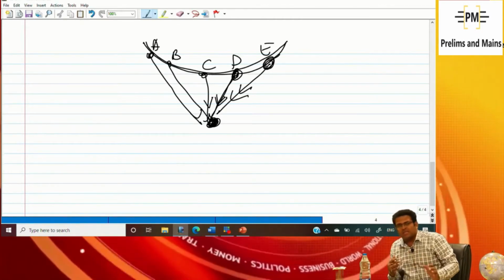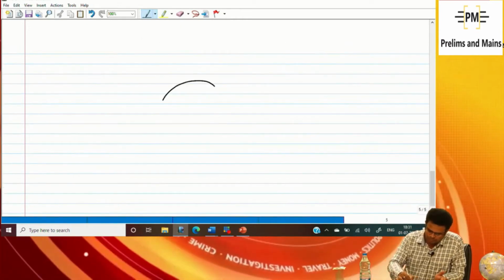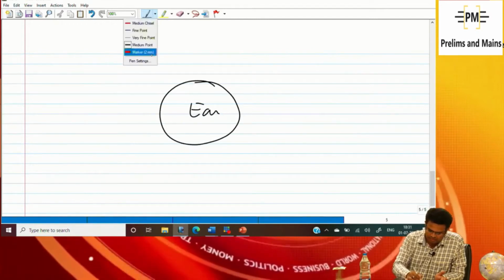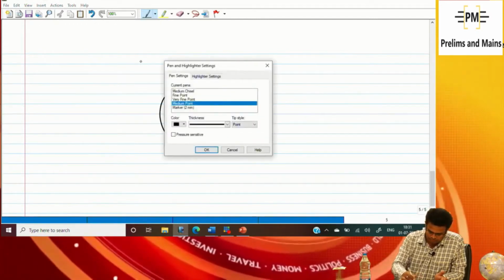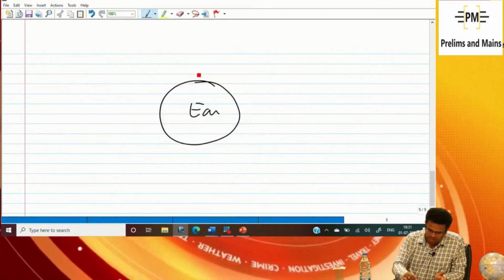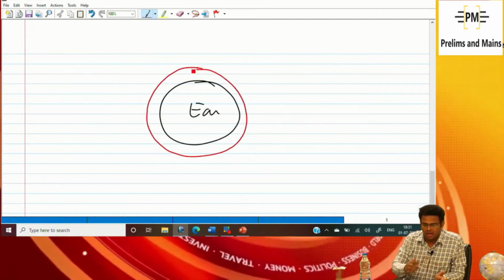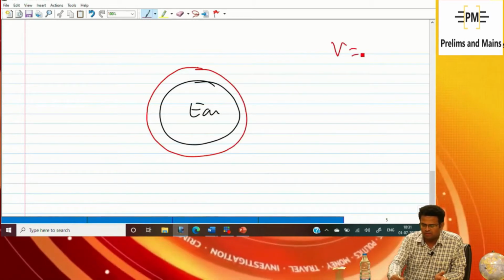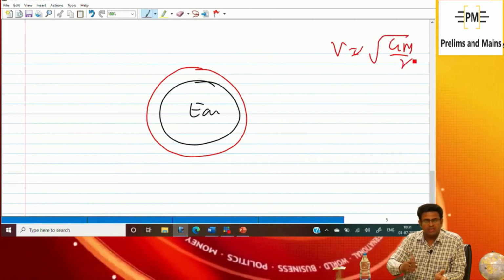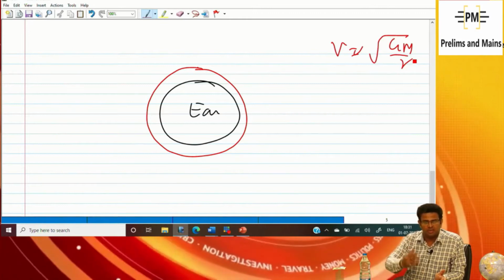Beta, why is it high? I have told you like that. If it is the Earth and satellites are moving, if it is near to the Earth, it is moving faster. Yes, I have given you one equation, velocity equals the square root of GM upon r. If the distance from the Earth is increasing, velocity will decrease.